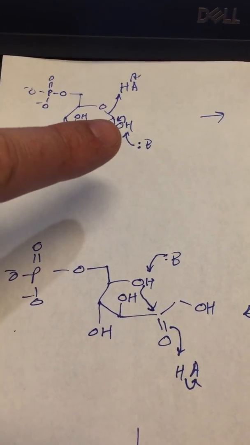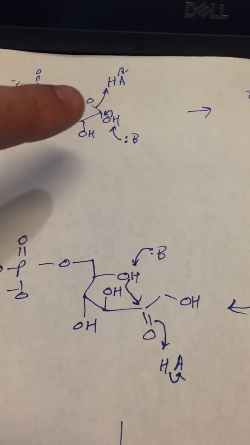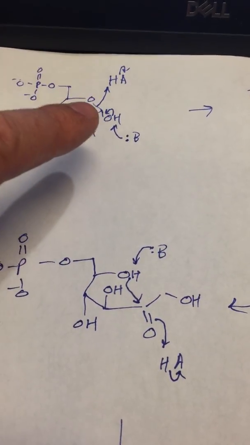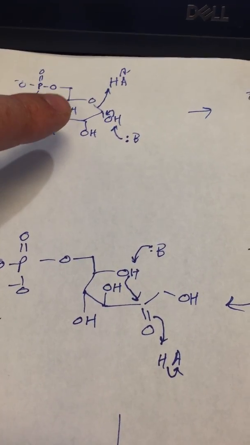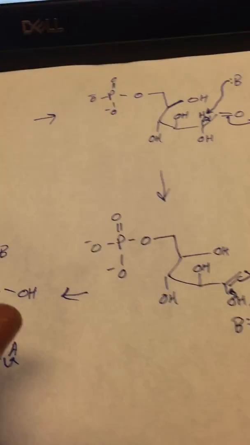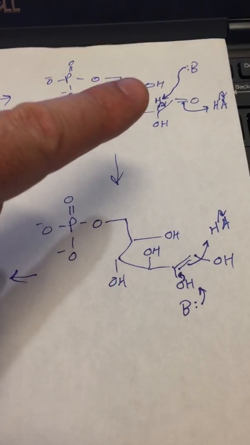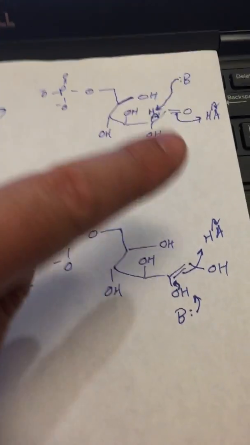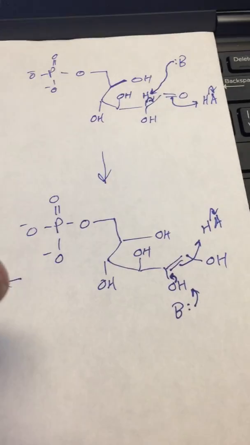Its electrons are going to collapse back down, forming the carbonyl, and then we're going to protonate the hydroxyl. The ring oxygen here is actually a hydroxyl group belonging to carbon 5. If you remember from the sugar chapter, that's how we form the ring structure on these sugars. Now once we've done that, our carbon 5 is protonated and has its hydroxyl group on it. We now have a carbonyl here on carbon 1.